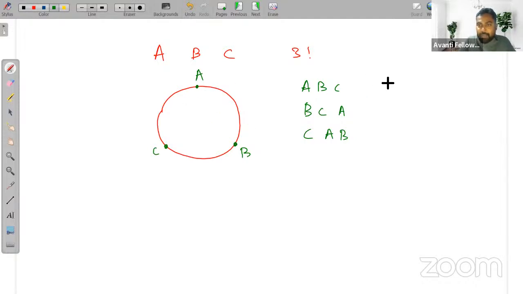This is clockwise. If we consider the anti-clockwise arrangement, then what will happen? ACB, CBA, and BAC.